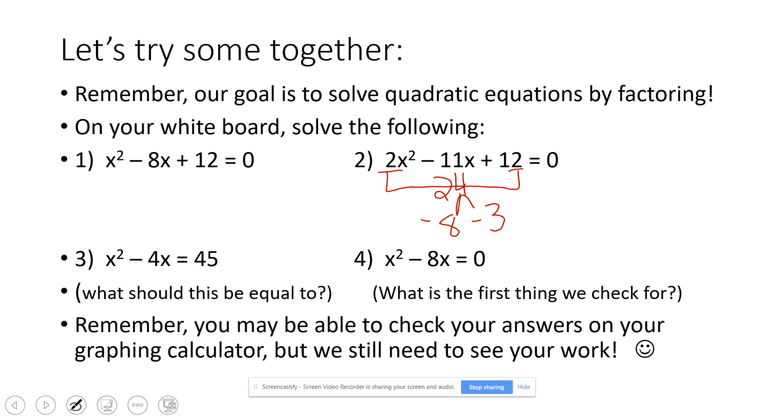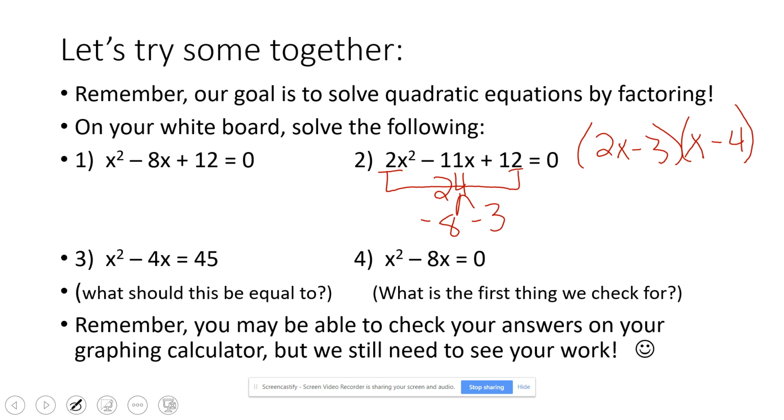Again, take a minute now and do whatever factoring method you love most. And you should get 2x minus 3 and x minus 4. Again, that's factored form.